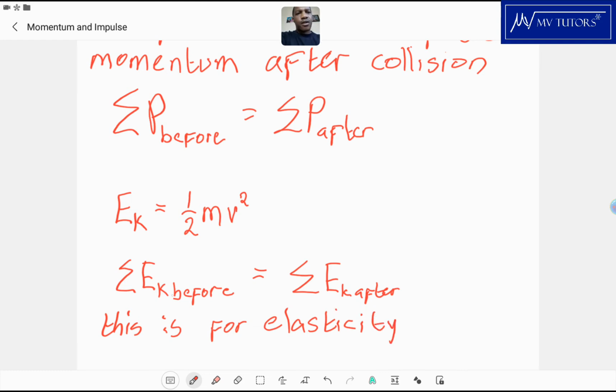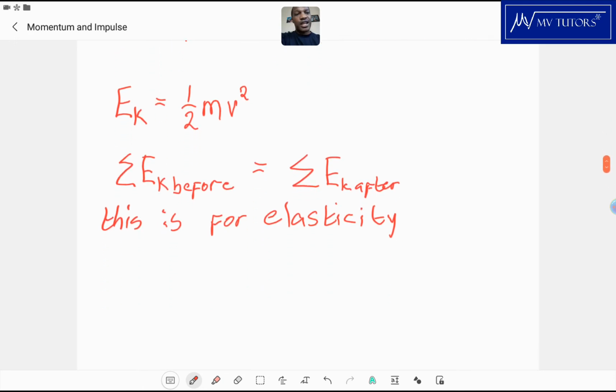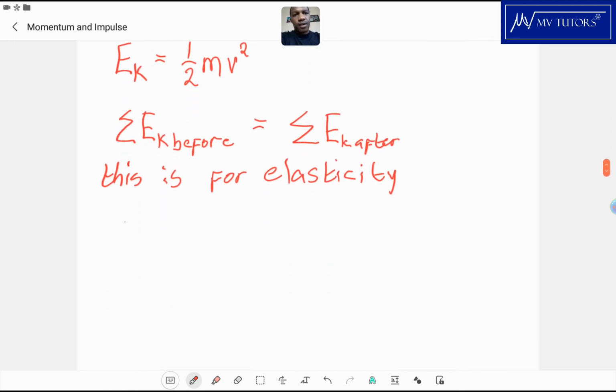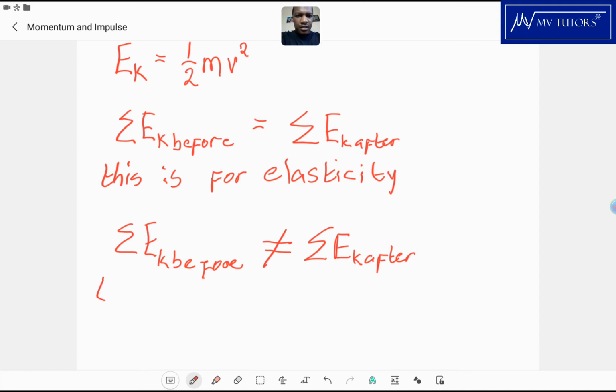If the sum of the kinetic energy before is not equal to the kinetic energy after collision, it's inelastic. It's not elastic.